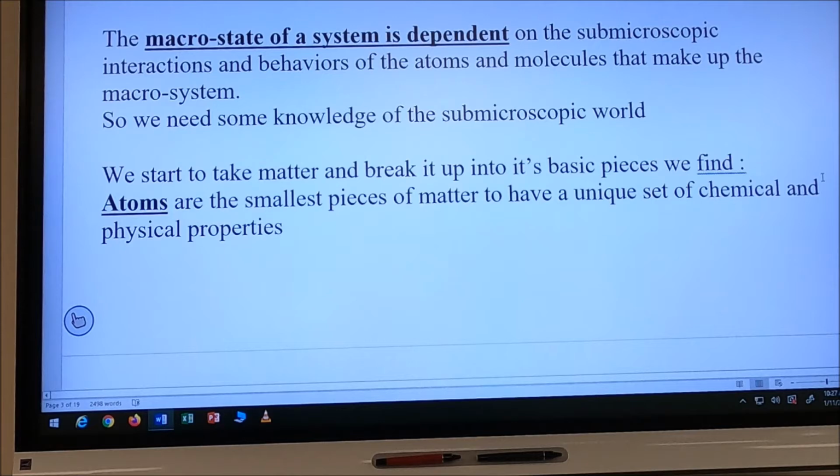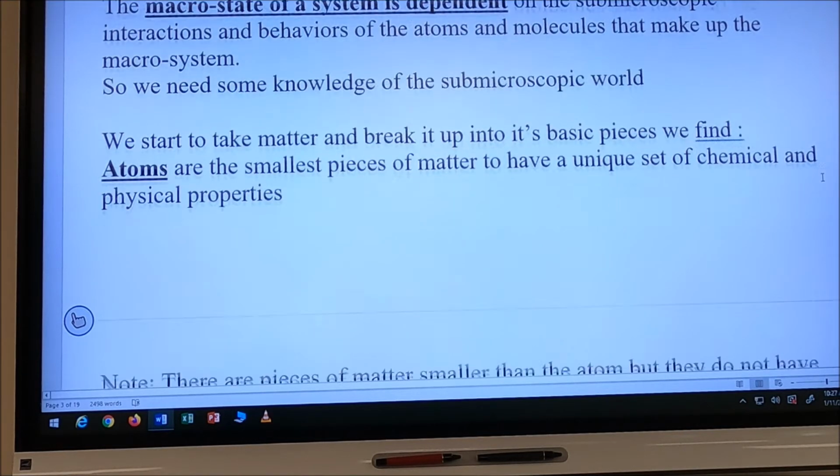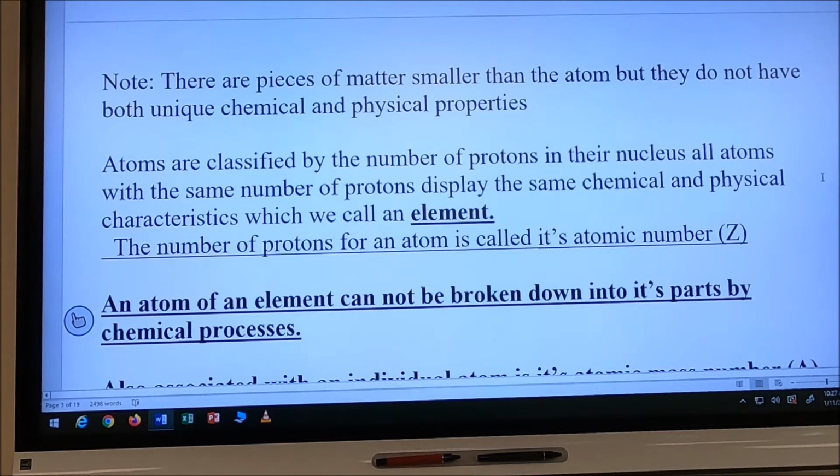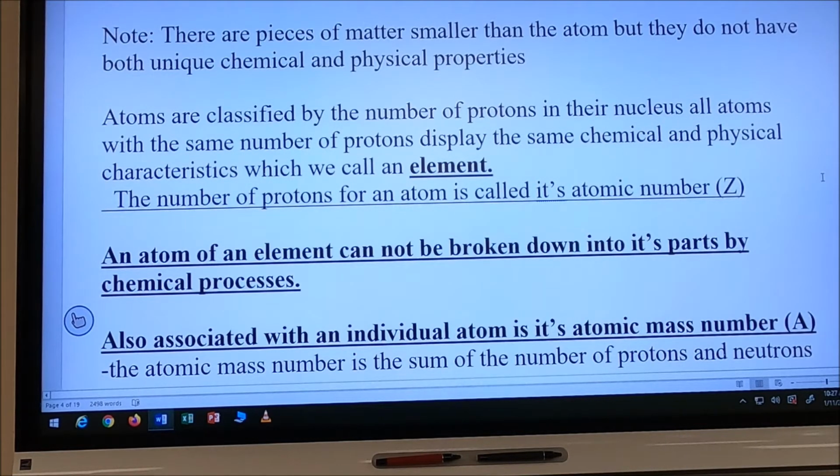Okay? These pieces of matter are small, and atoms are classified by the number of protons in their nucleus. All atoms with the same number of protons display the same chemical and physical behaviors, and we call that an element. Okay?